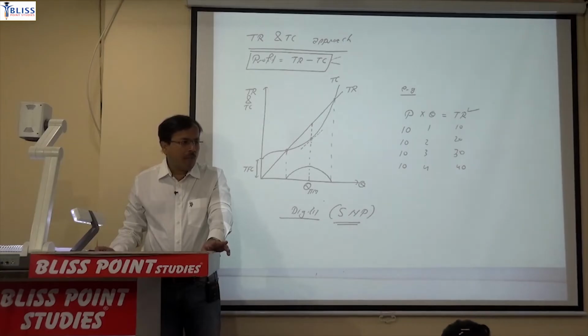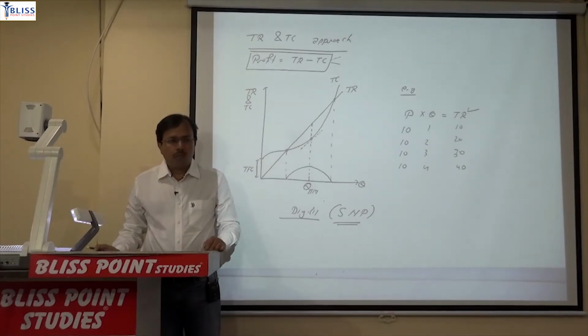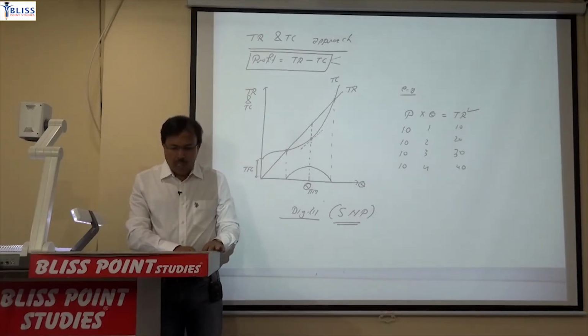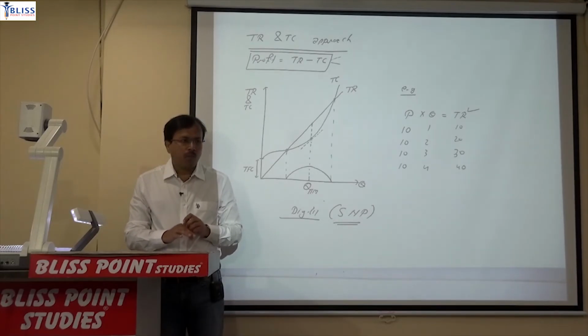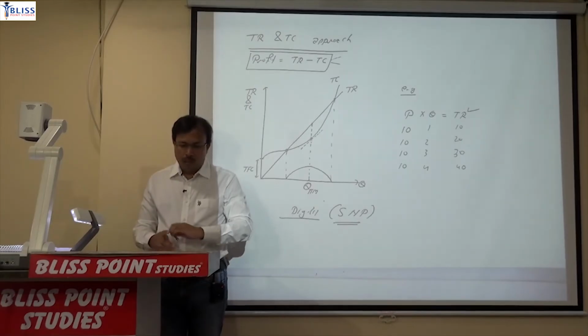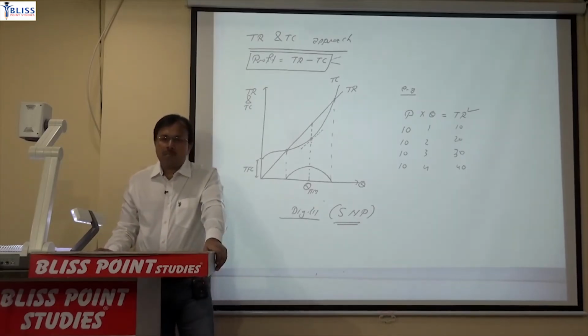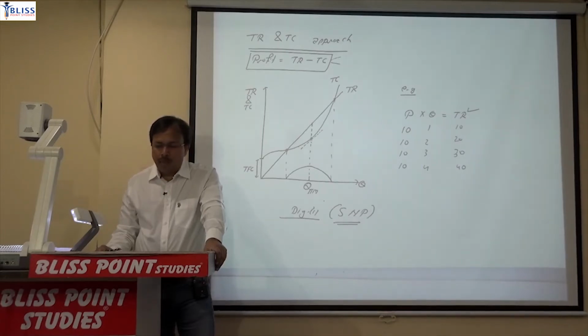Also, the firm is a price taker, and it can sell any amount of output at the current market price.